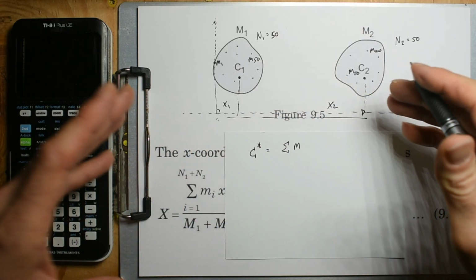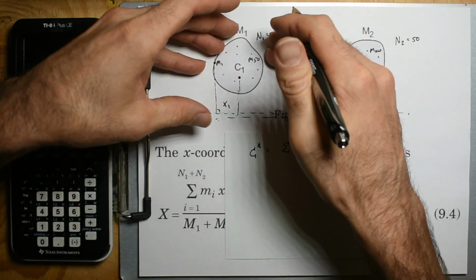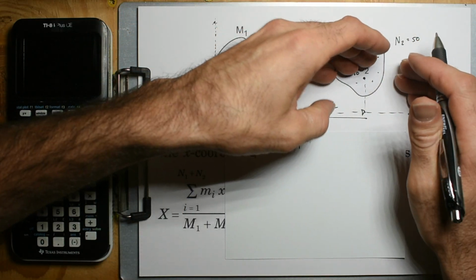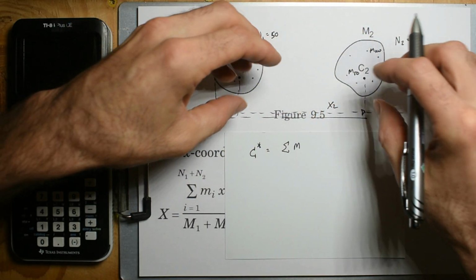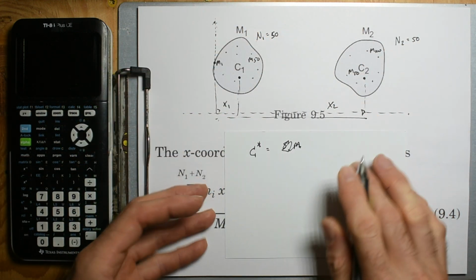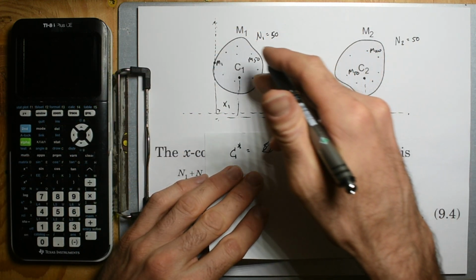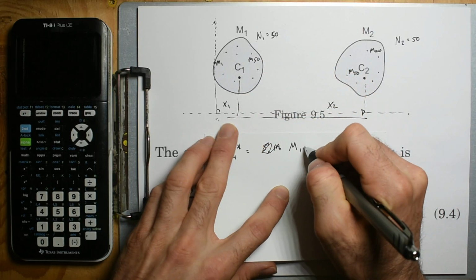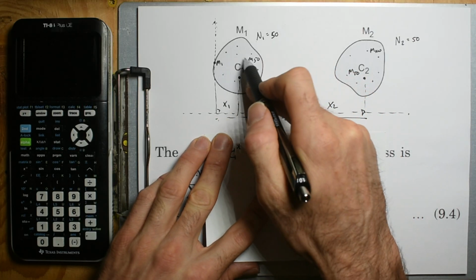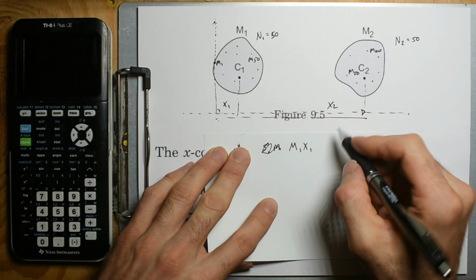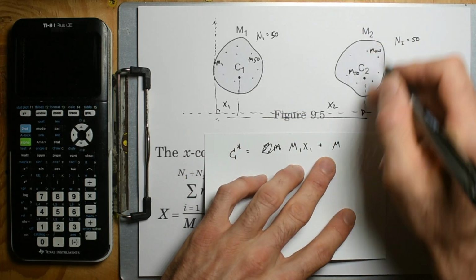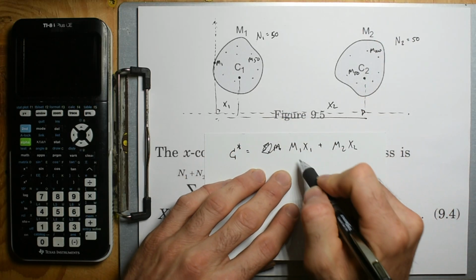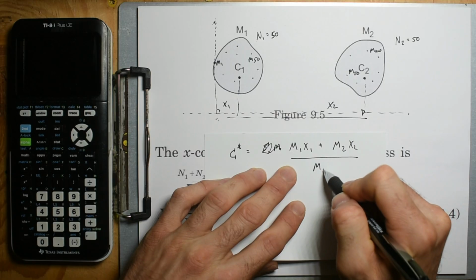Now I'm saying this is one particle and this is a part, so I'm basically reducing. You would say that it's going to be m1 x1, so the mass of this total system times that distance, plus the mass here times x2, divided by the total mass.